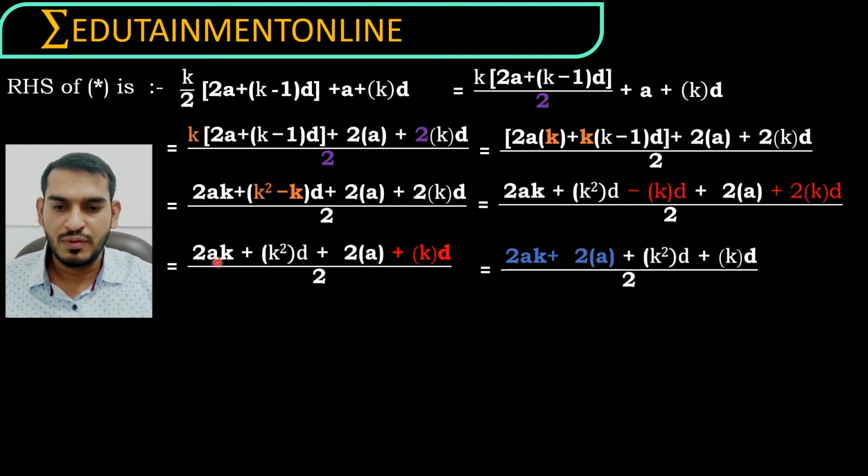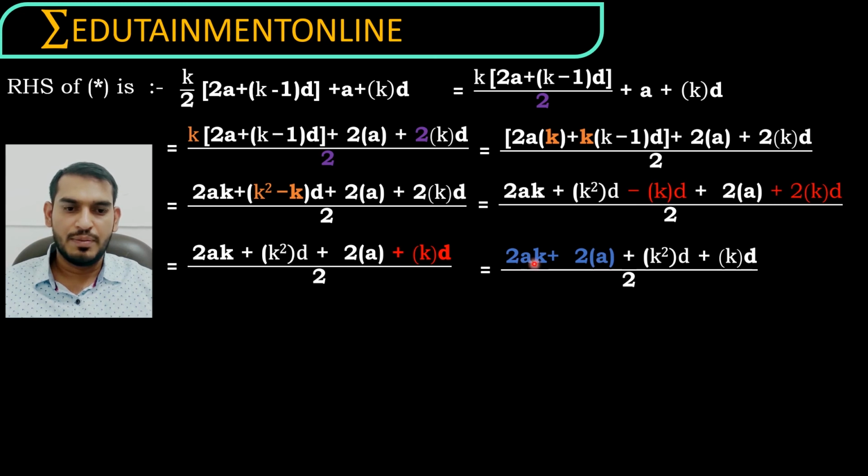Further, we will simplify these four terms. In the first two terms, 2ak plus 2a, we have 2a common, so that can be written as 2a into k plus 1. In the last two terms, we have kd common. If we take that common, that will be k plus 1.